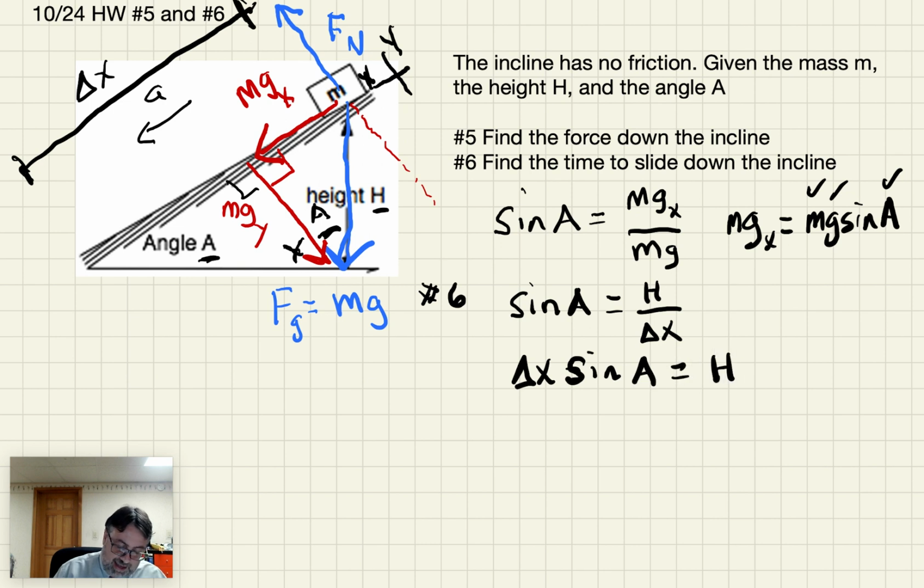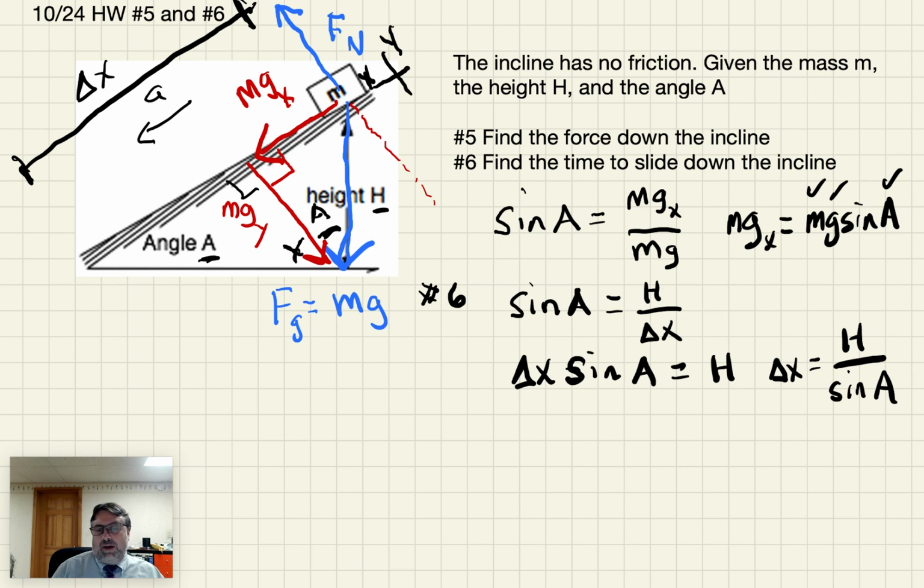But I want delta x, so delta x is going to be equal to the height divided by sine of the angle. Now, if you remember, the hypotenuse of a triangle is always the longest side. So if you solve for delta x and you get a number smaller than the height, you know you made a math mistake somewhere. So I have delta x now.